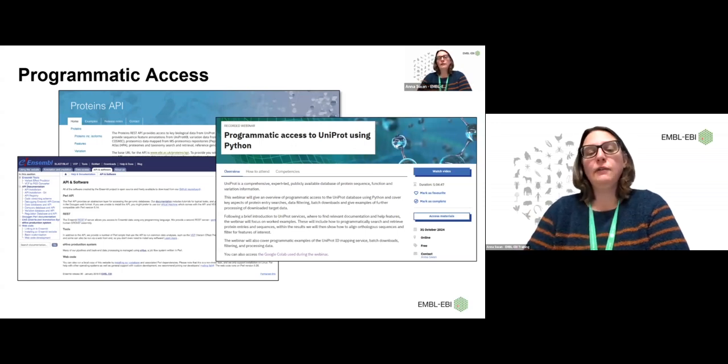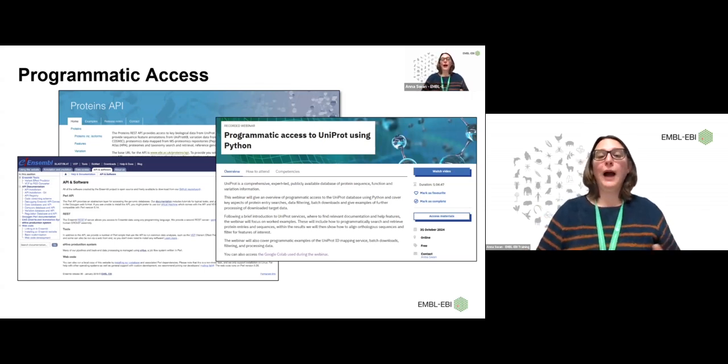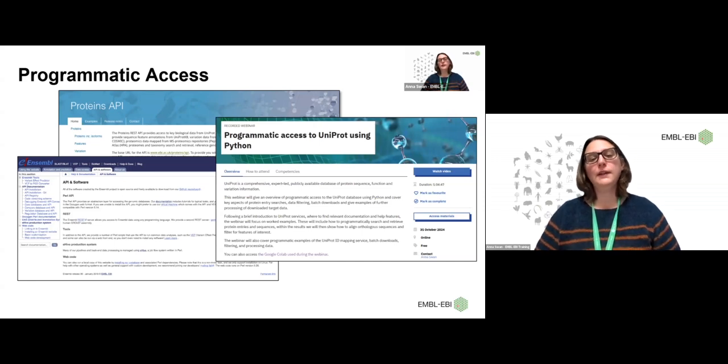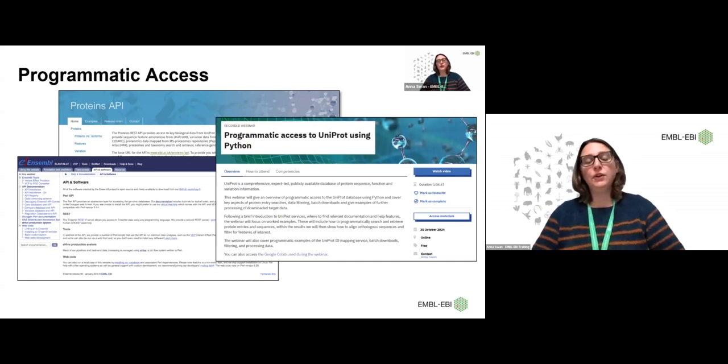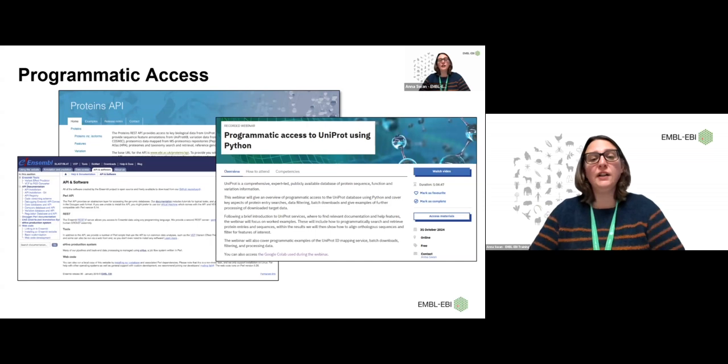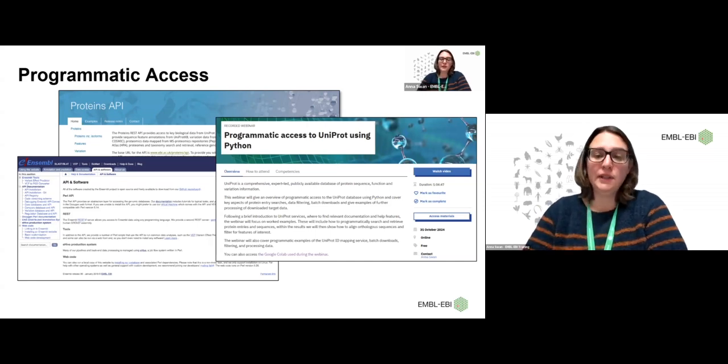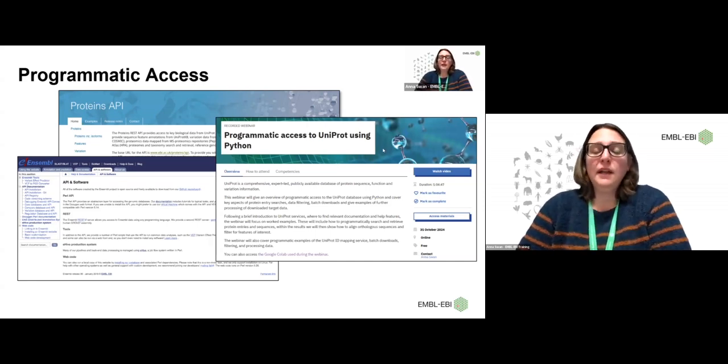Quite a few of these have things like Jupyter Notebooks or Google Colabs in this case, that allow you to work through what happened in that training, so you can follow along with the code at the same time. And this is also a great way of, if you're just getting started with a programming language, in this case Python, it's a really nice way of seeing how the programming language can be used to access data. But as I say, we'll talk a bit more about training later on.